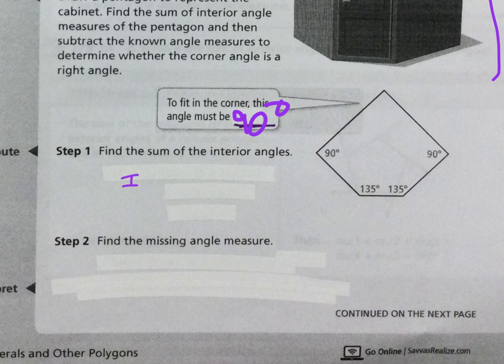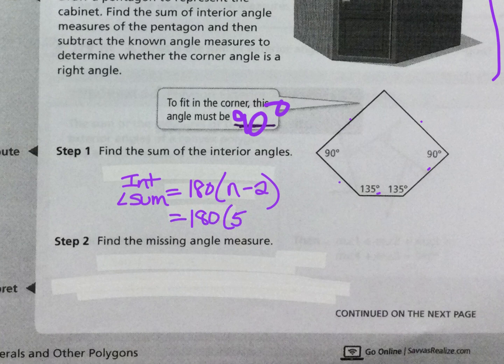So interior angle sum equals 180 times the number of sides minus 2. Number of sides is 1, 2, 3, 4, 5. So I say 180 times 5 minus 2. And that's going to give me 540 degrees.